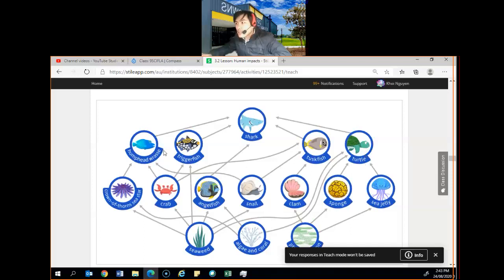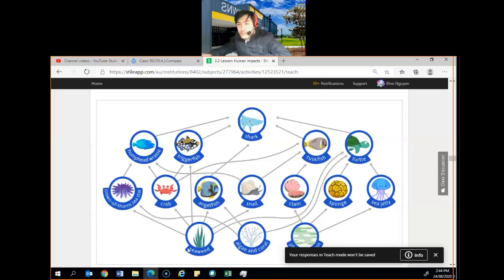Because the population of fish decreases, fewer fish would eat the snail, so the population of the snail would increase. So Logan was correct. And when that happens, there will be a lot more snails to eat the seaweed, so the population of seaweed would decrease.